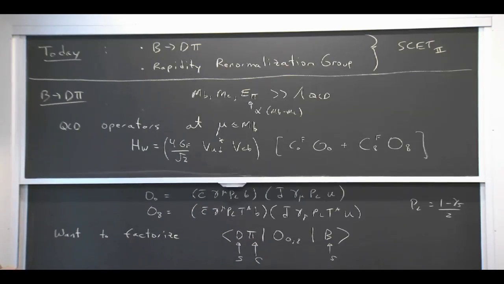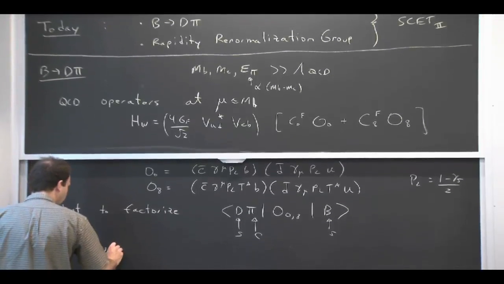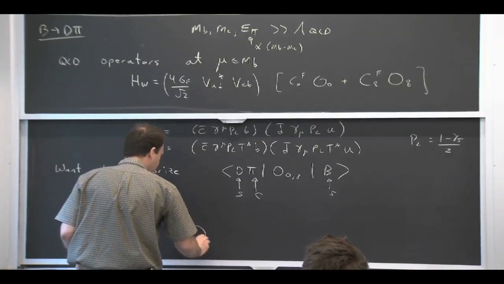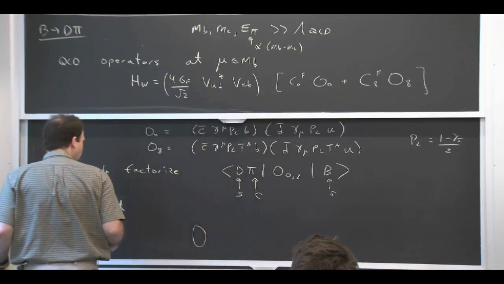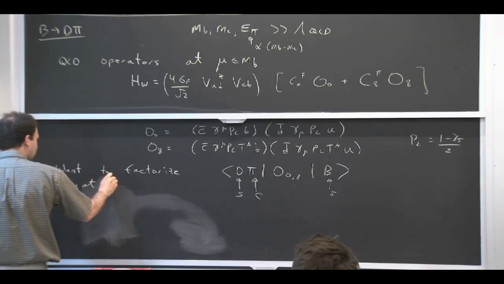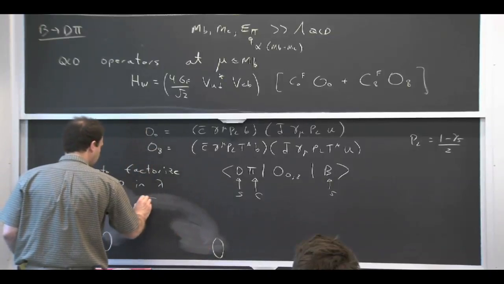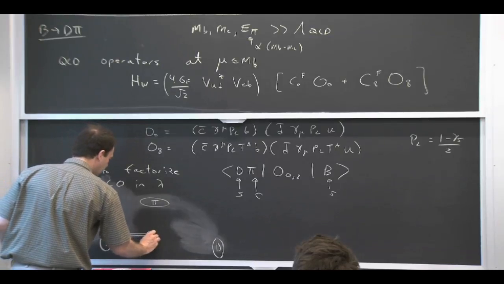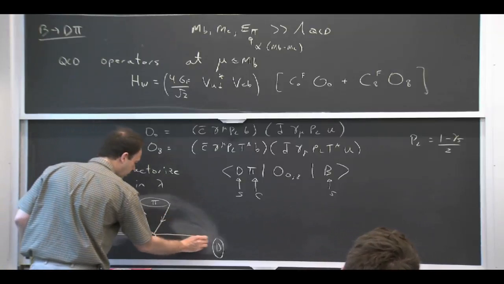And so if it's going to factorize and the soft degrees of freedom are not going to talk to the collinear, the kind of thing that you would expect to show up at leading order in the lambda expansion is the following kind of process. Here's a heavy quark. Here's one of these operators. Here's the valence quarks in the pion. Another heavy quark.